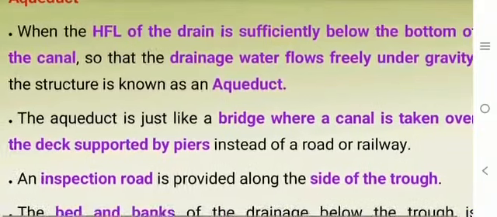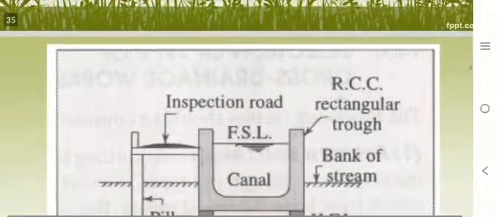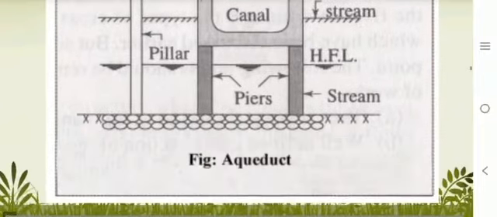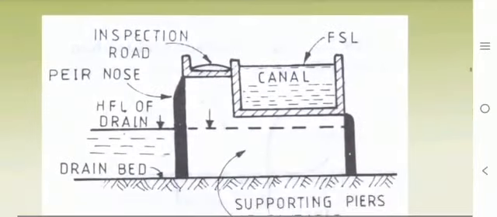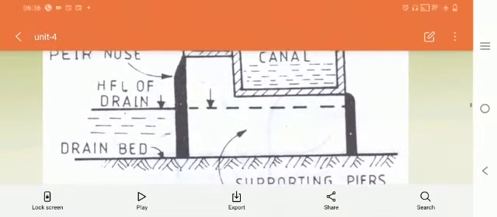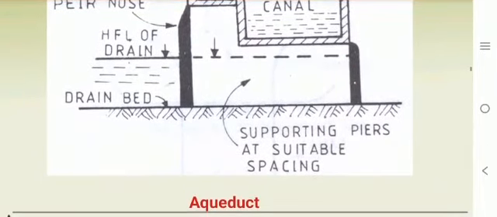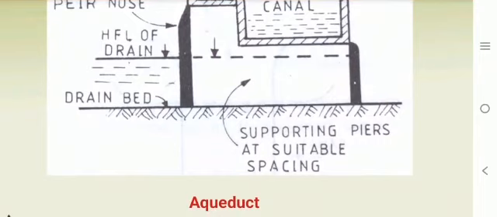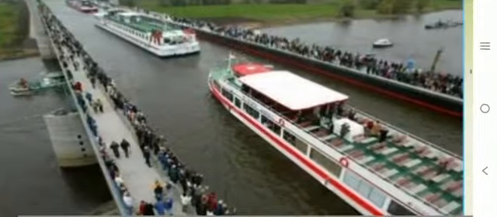The first one is the aqueduct. When the high flood level of the drain is sufficiently below the bottom of the canal, so that the drainage water flows freely under gravity through the structure, it is known as an aqueduct.